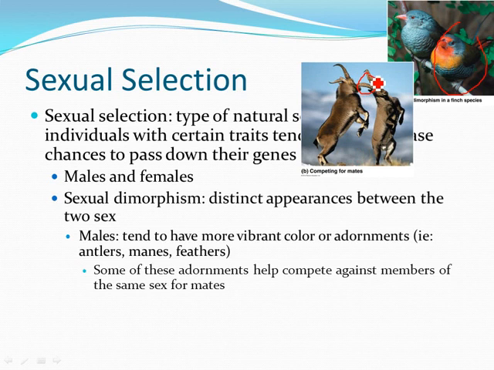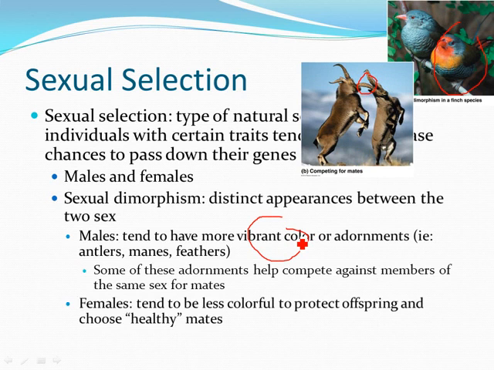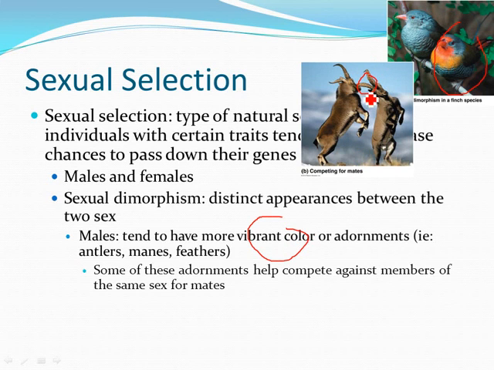Vibrant color may signify that those particular males are healthier and so have more beneficial traits for the females. And of course, if they're competing against each other, the ones that win are stronger and so have better traits that the females may prefer.